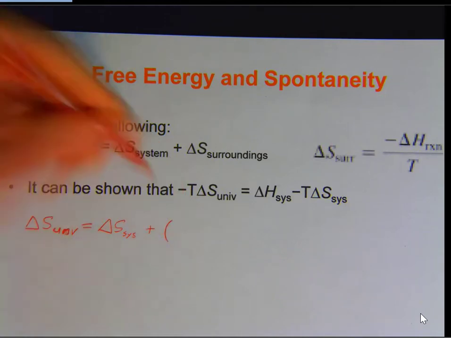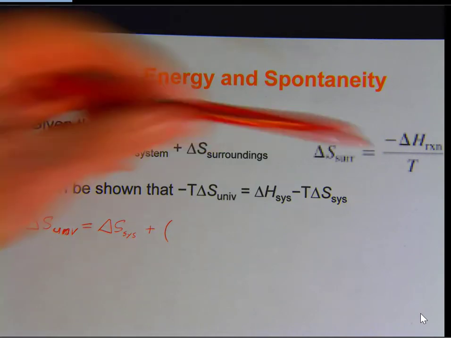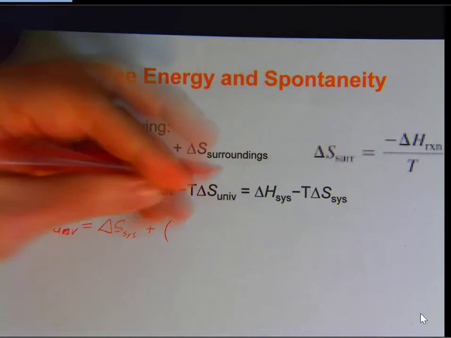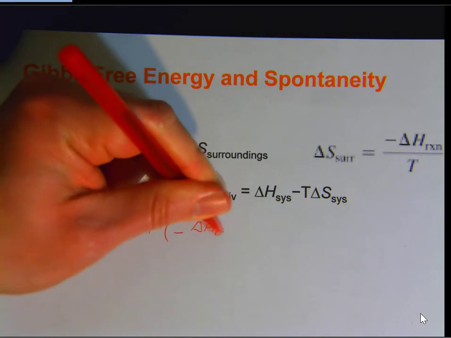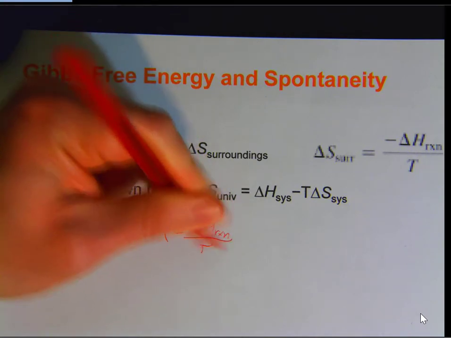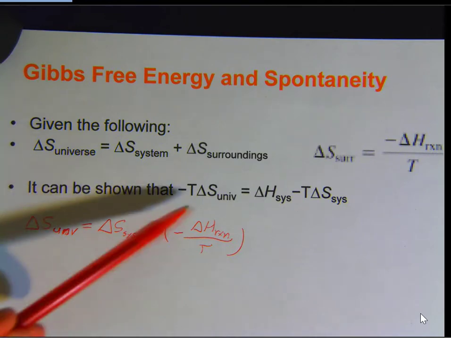For the change in entropy of the surroundings, I'm going to take this value and plug that in there. So we have negative delta H of reaction divided by temperature. And so we have that, and we're looking for this.